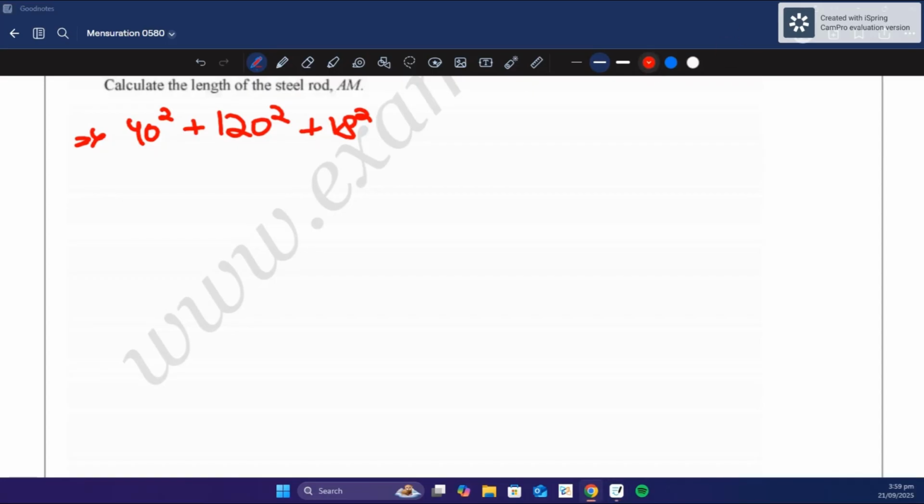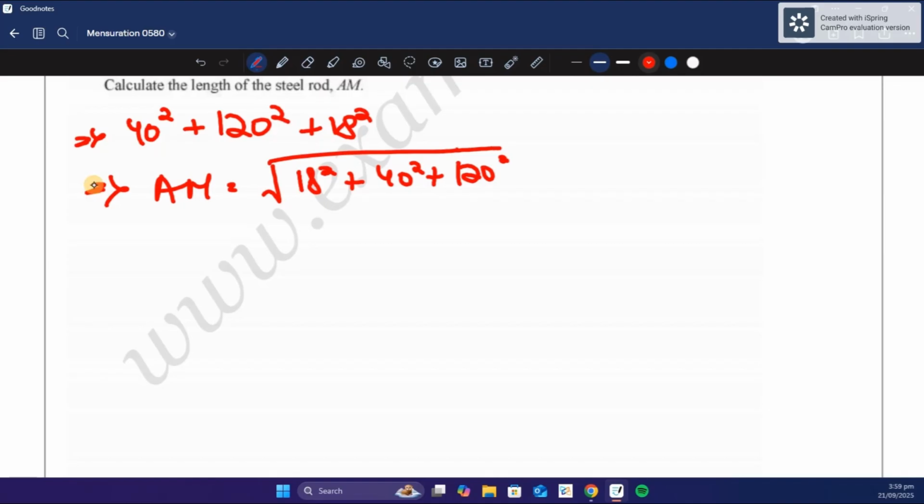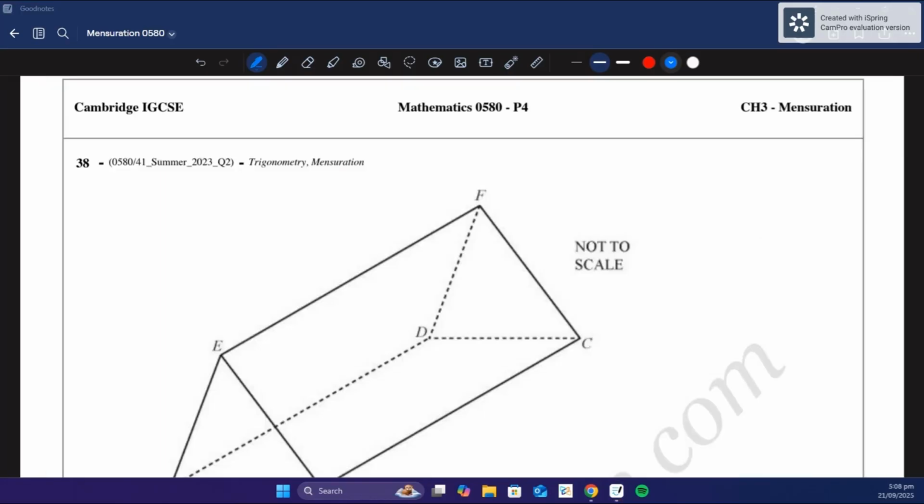That will mean AM is equal to root 18 squared plus 40 squared plus 120 squared. That would give us 127.76, rounding off to 128. Perfect. All right, question number 38.